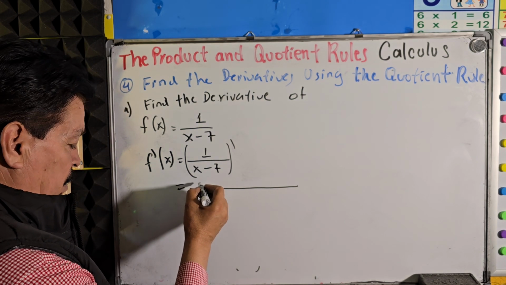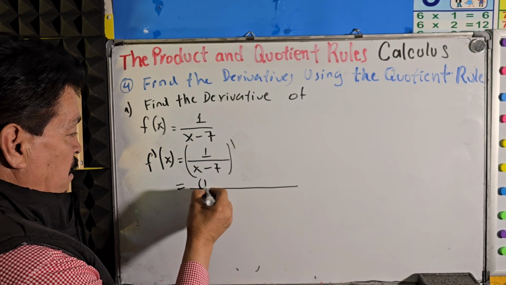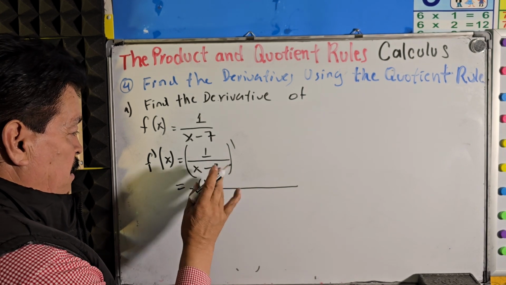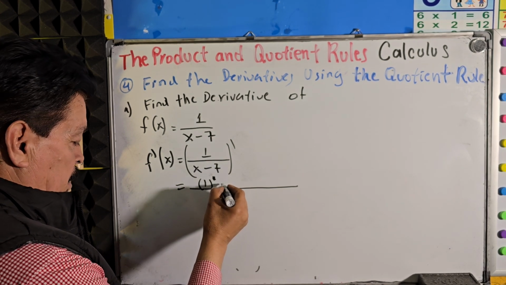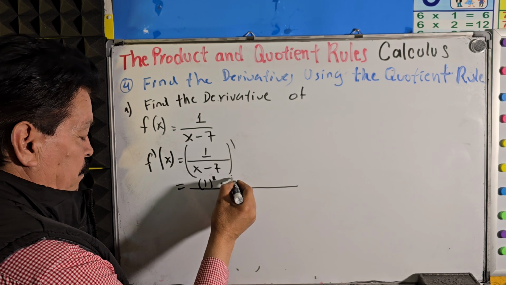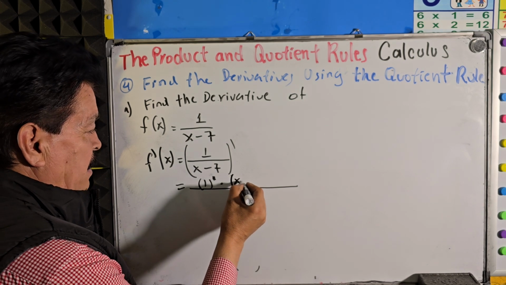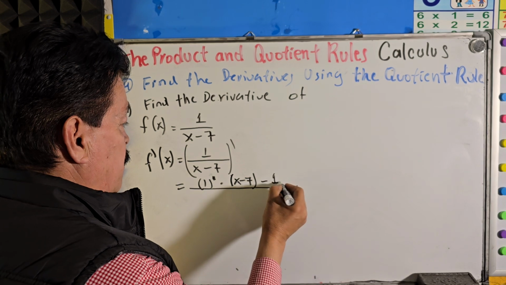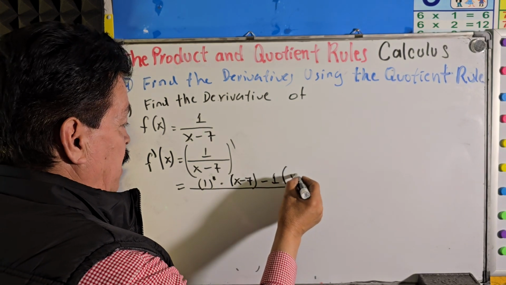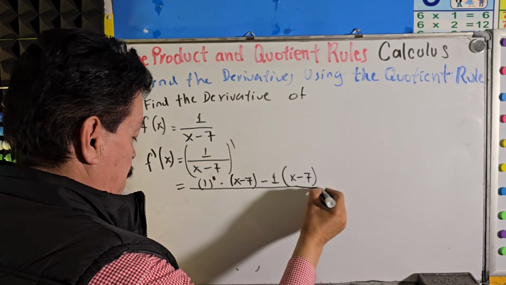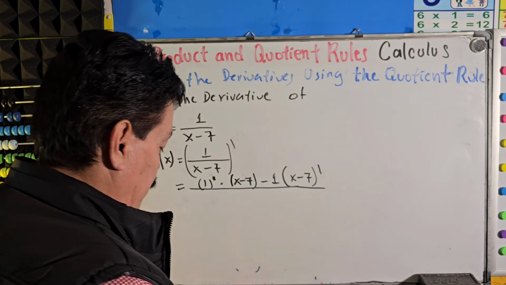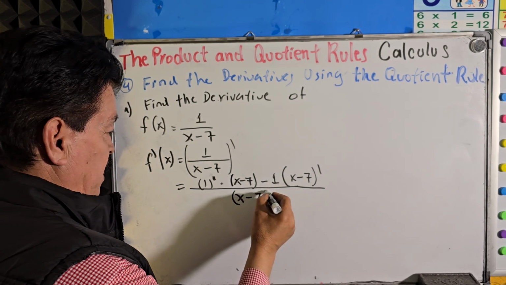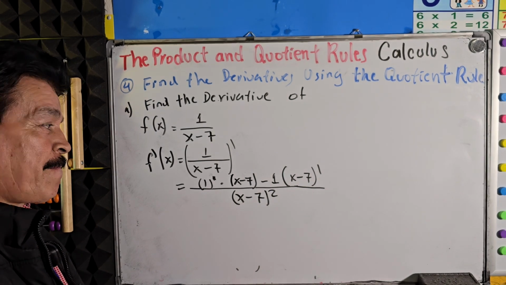The first step that we will have here is the derivative of 1, times x minus 7, here, minus 1 times the derivative of x minus 7, divided by x minus 7 to the second power. Okay?